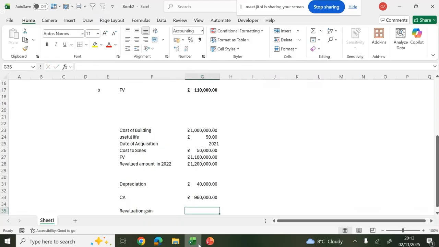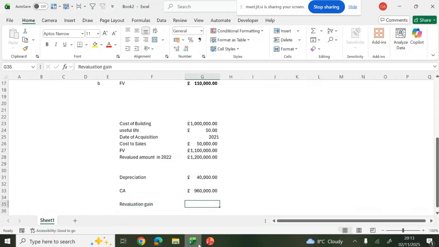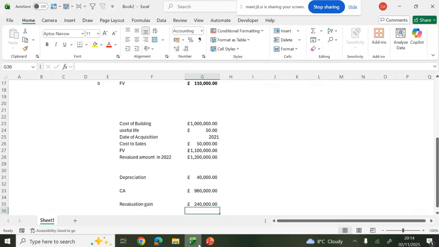Our revaluation gain is going to be the revalued amount, 1.2 million in 2022, minus the carrying amount, 240. Does that make sense?